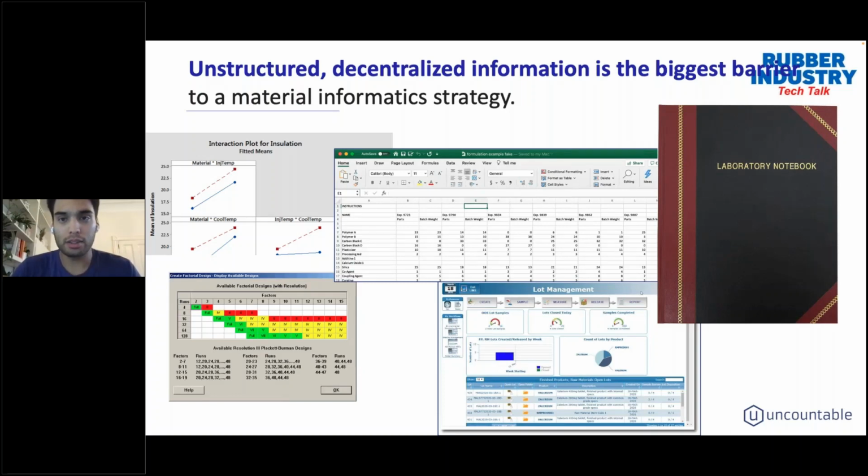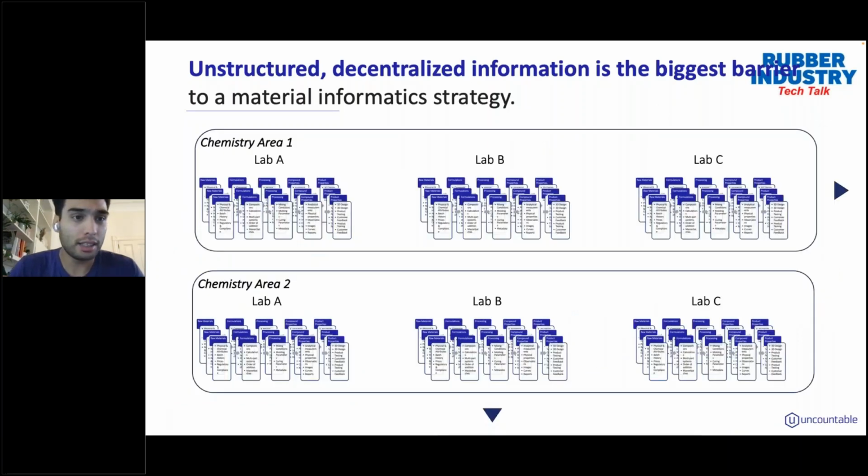And the other, call it, driver of complexity that comes into the way data is collected today is not only the different tools that are used, but the fact that these tools are different across all of these teams. So for instance, you have an R&D organization that has 2 separate chemistry areas, and within each individual chemistry area, we're talking about labs in different areas.